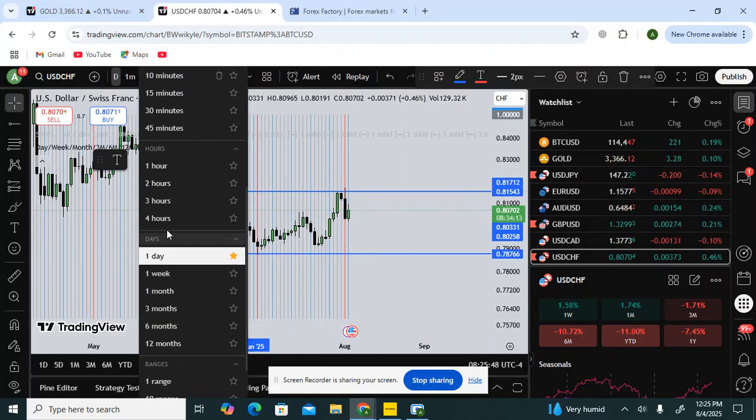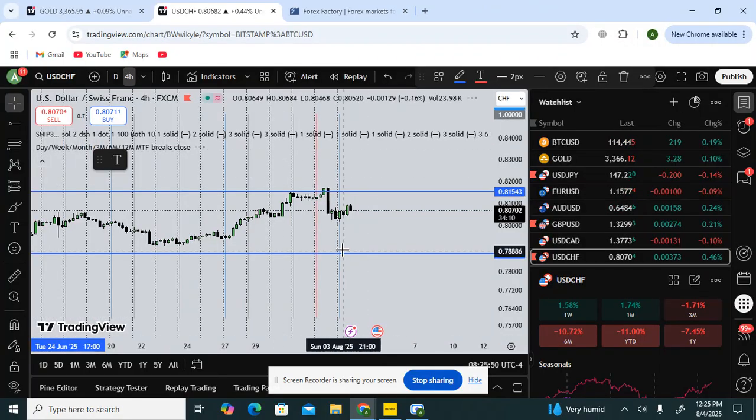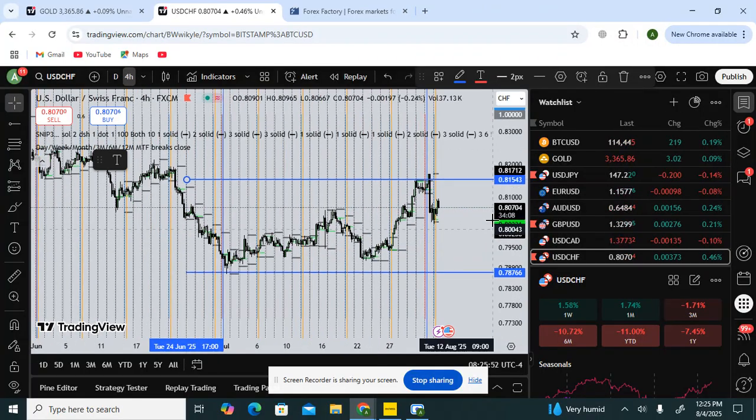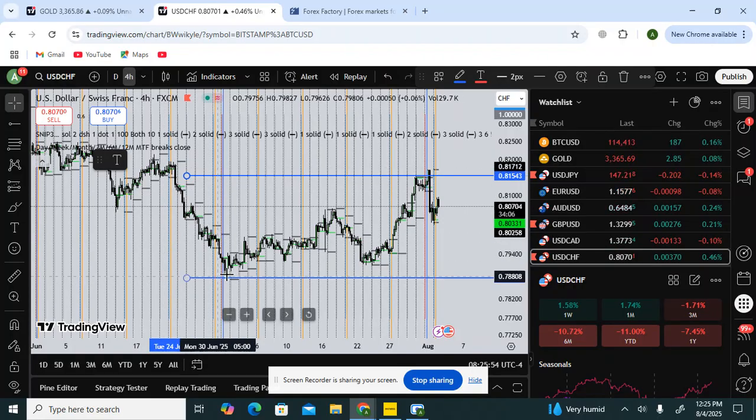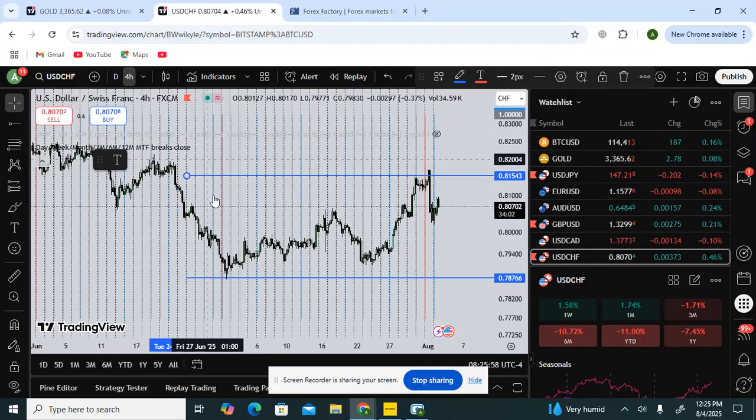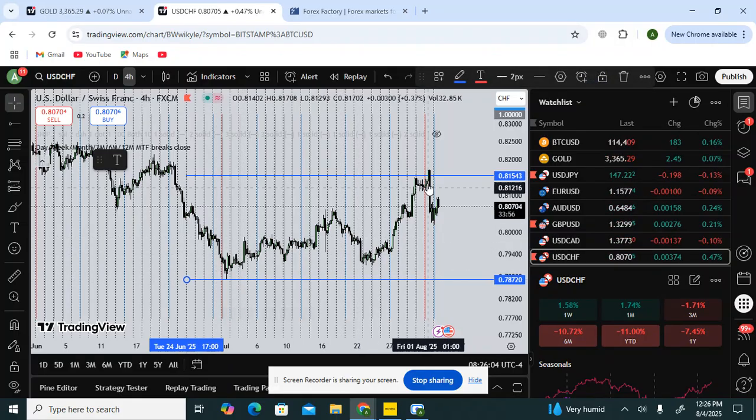Let's go deeper. This is a 4-hour chart, and you can see this is the range of the previous month. This is the low of the previous month. This is the high of the previous month.